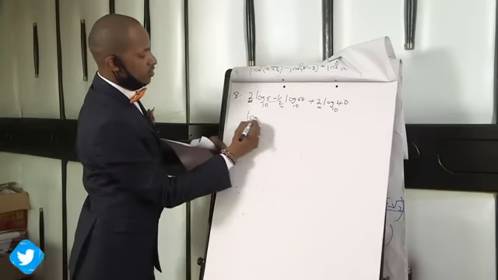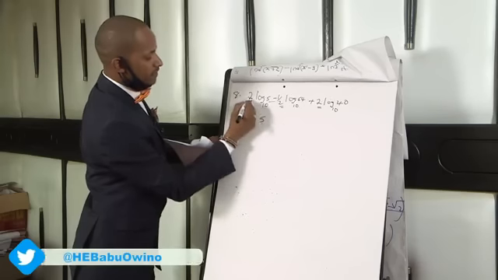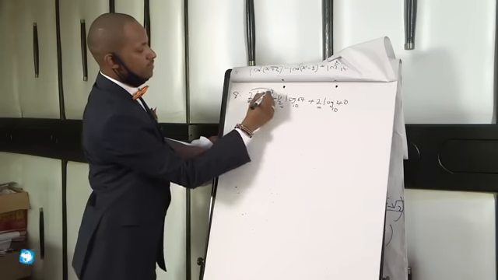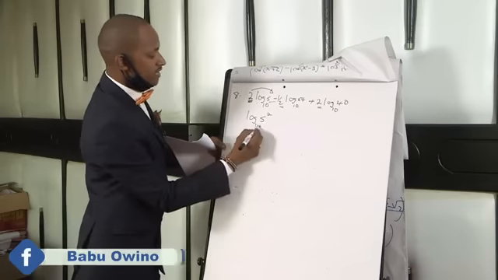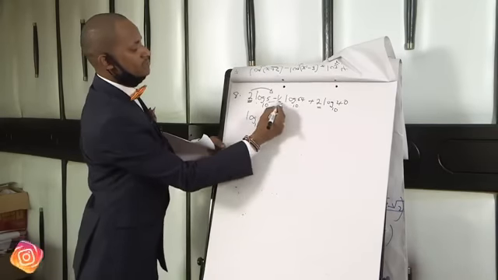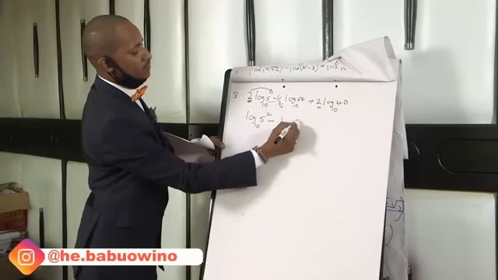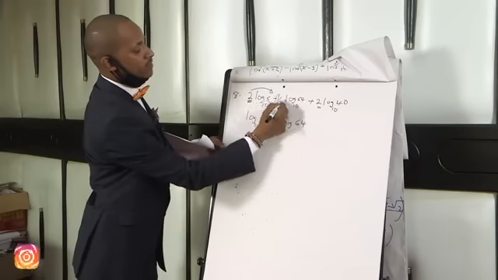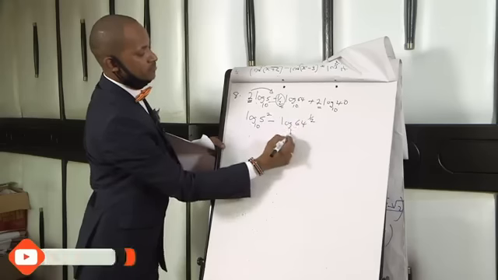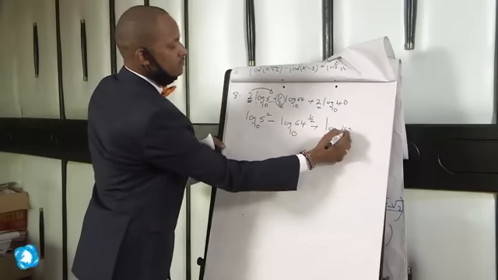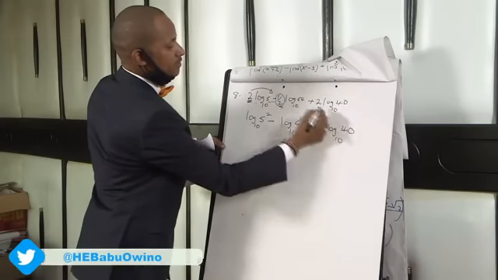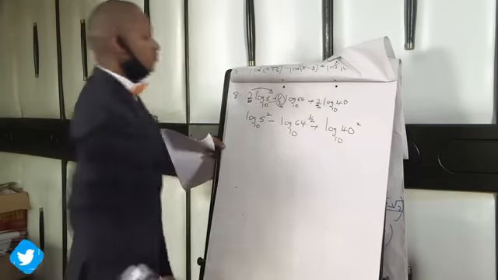It was log 5, then you just bring 2 up, it becomes a power. Log 5 raised to power 2, to base 10, you maintain the base, minus this one becomes log 64 raised to power a half to base 10, plus this becomes log 40 to base 10 raised to power 2.